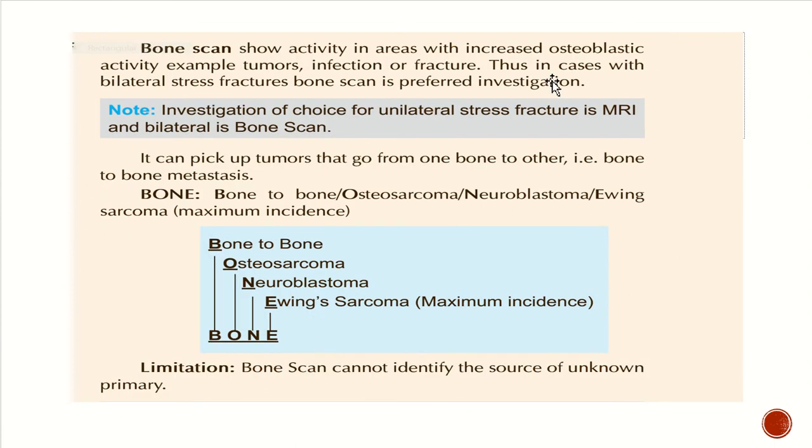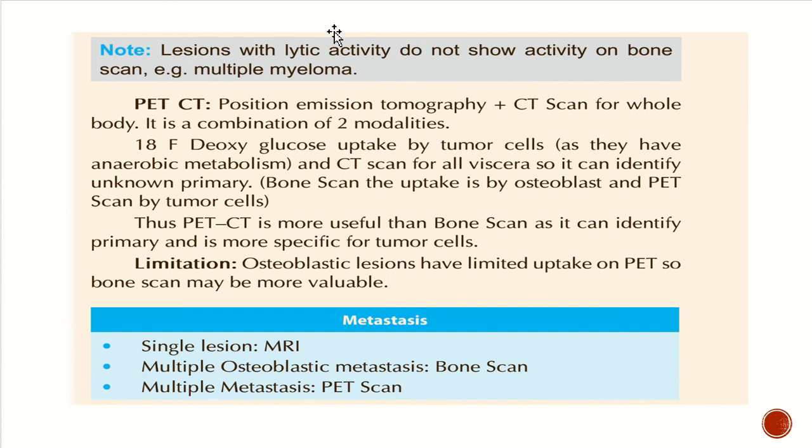Here what we have discussed is that increased osteoblastic activity can be seen in bone scan, but lytic activity does not show activity on bone scan. Example, multiple myeloma.